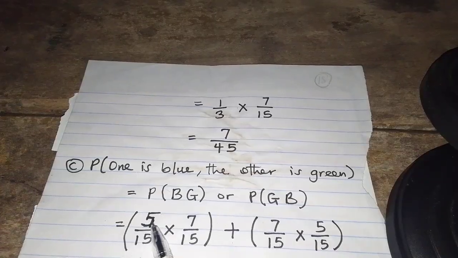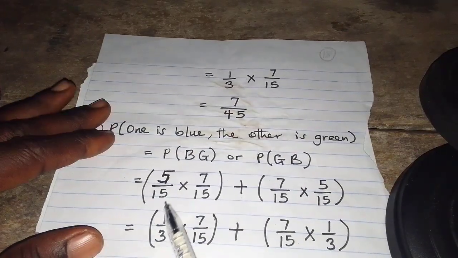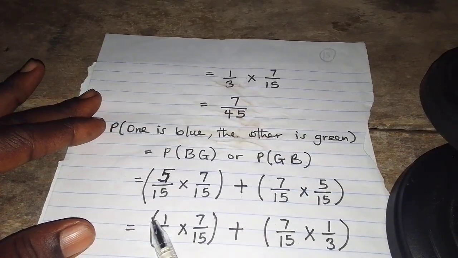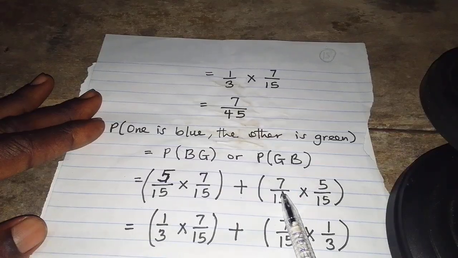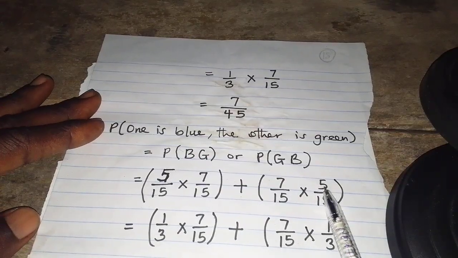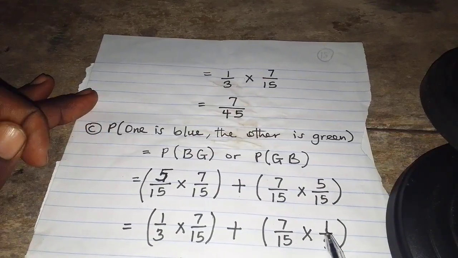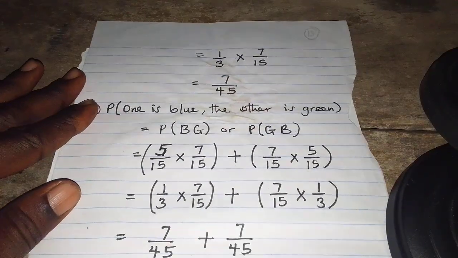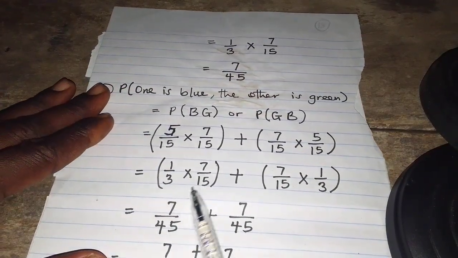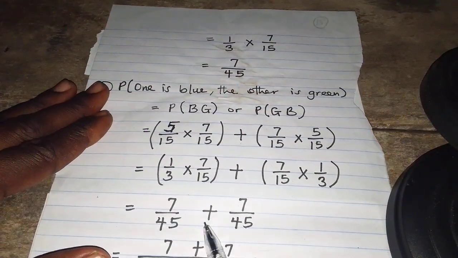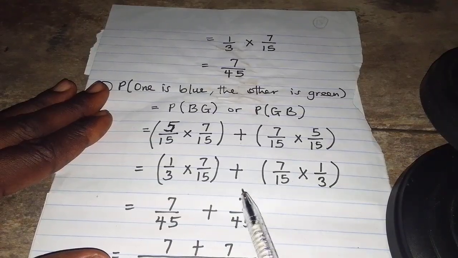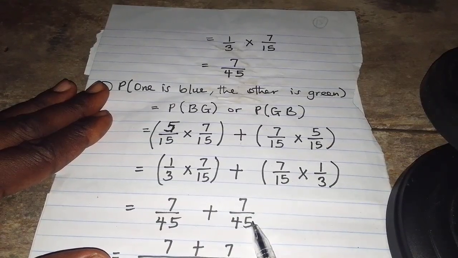So this will give us 5/15, which is the same thing as 1/3, times 7/15, plus 7/15 times 5/15, which is 1/3. So 1 times 7 gives us 7 over 3 times 15, which is 45, plus 7 times 1 is 7 over 15 times 3, which is 45.